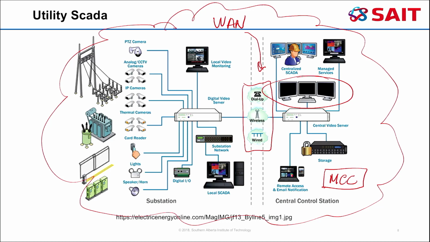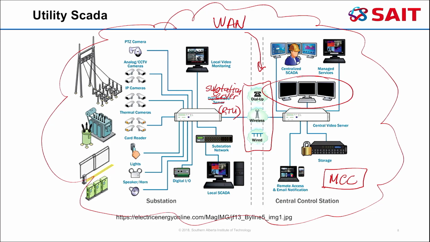So in this example, it's concentrating on a digital video server, but this could really just be a substation server, which in SCADA would be another way of referring to an RTU. In this example, they seem to have concentrated on video, which is fine.